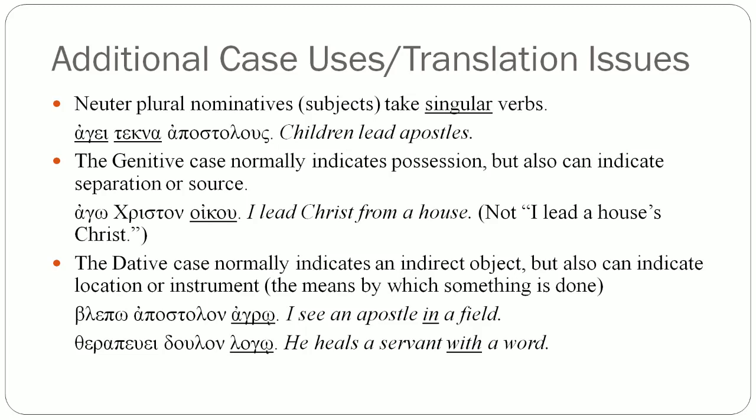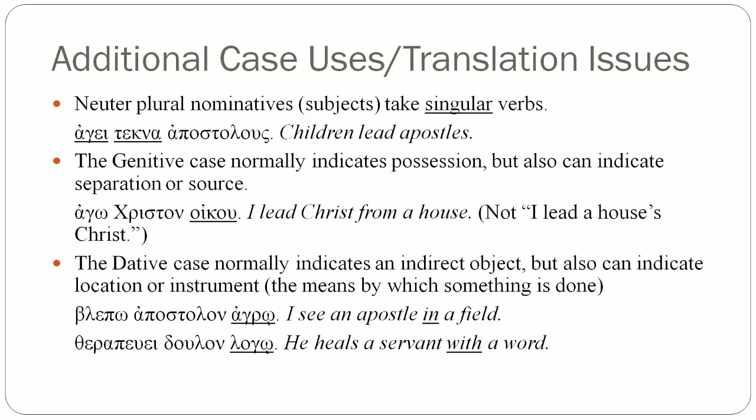I see an apostle, blepo apostolon agro. The underline kind of obliterated the iota subscript there, but it is there. And so that is a dative singular form. And so you can say, "I see an apostle to a field." Well, actually, you can't say that. What on earth does that mean?